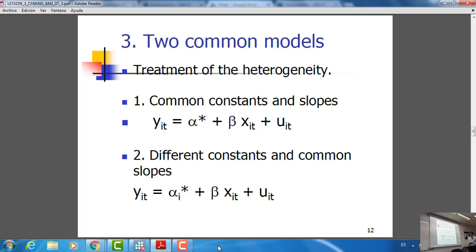There are some other models like this one up here, with a common constant and slope. This is called the pool model. Pool means put everything together. This is almost the same as the previous one, but with only one common constant for all individuals.